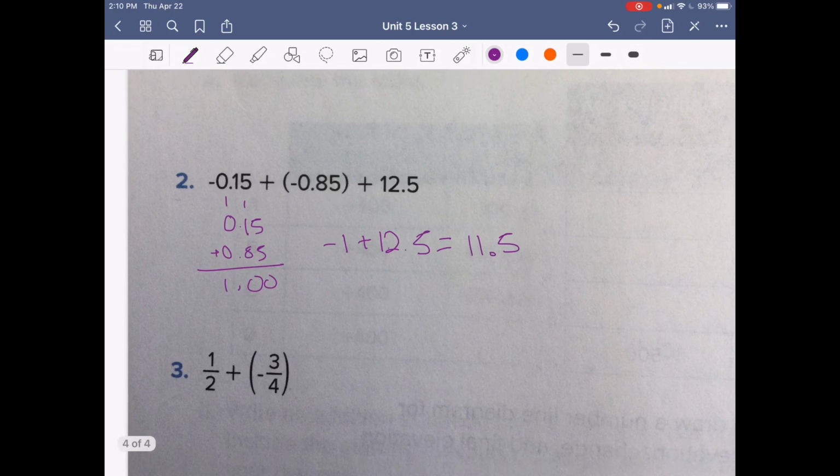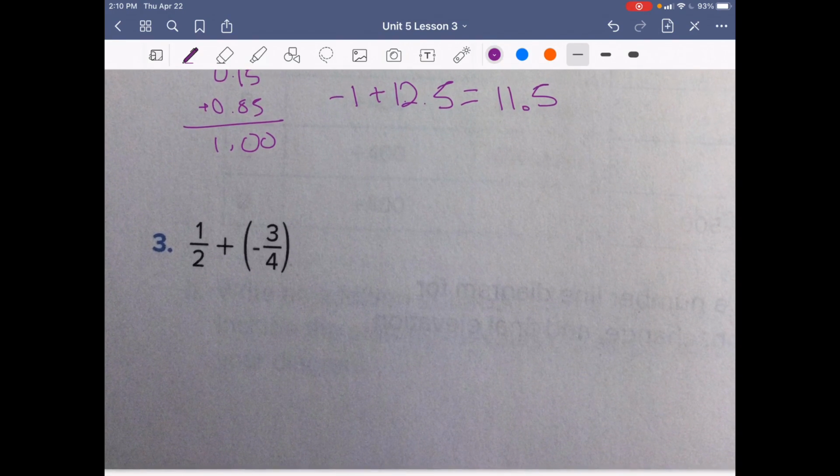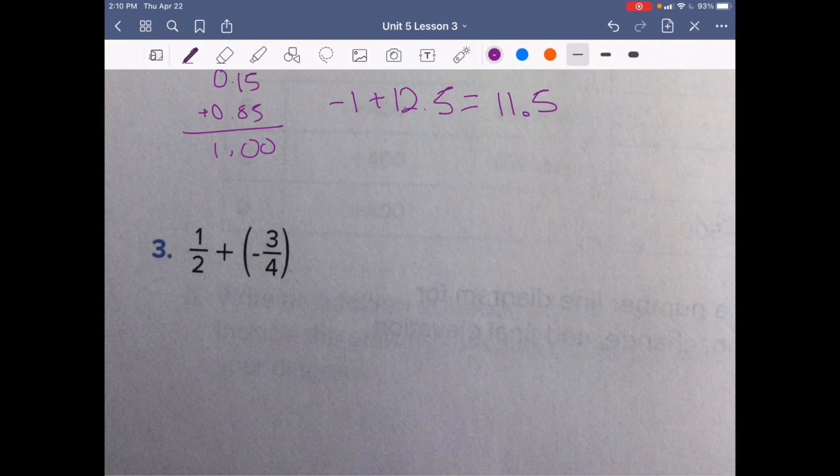All right, our last one for today, 1/2 plus negative 3/4. A half plus negative 3/4. Well, let's see if we can get this into a common denominator. 2 times 2 is 4, so I'm going to change this into fourths. So if I do that to the bottom, that means I have to multiply 2 by 1.